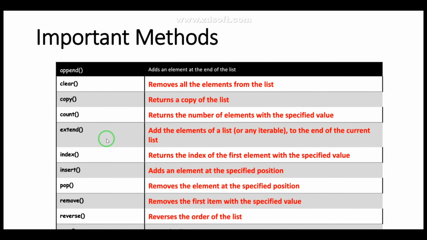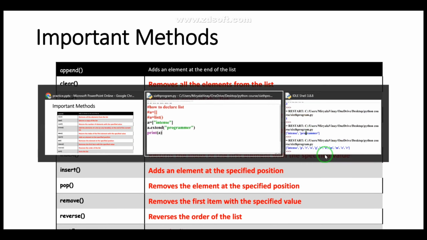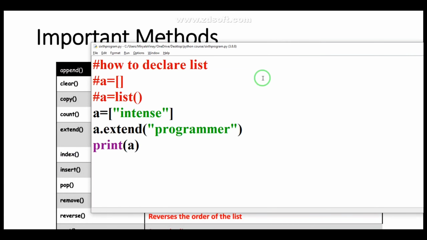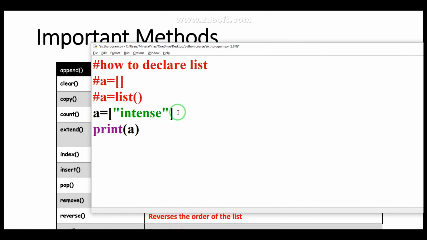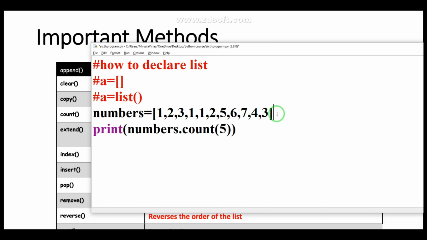Coming to the next one, index, which returns the index of the first element with the specified value. I have a list of numbers: 1, 2, 3, 1, 1, 2, 5, 6, 7, 4, 3.